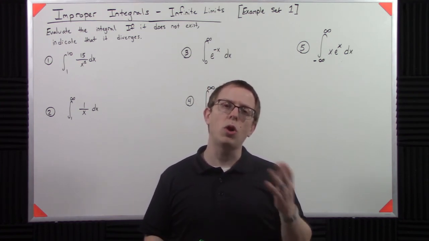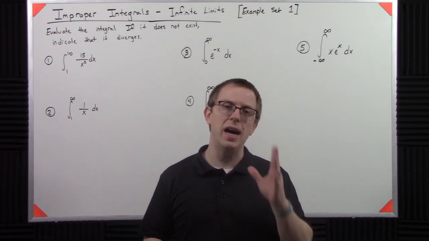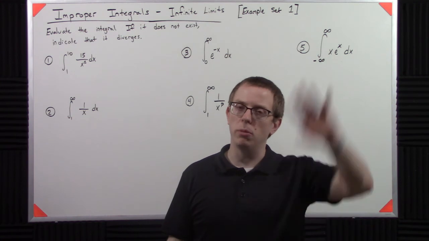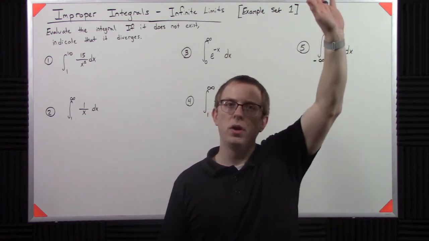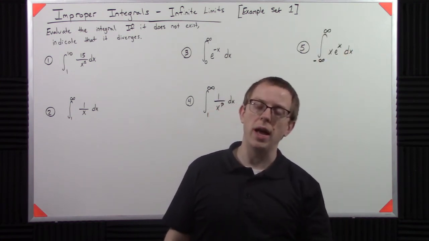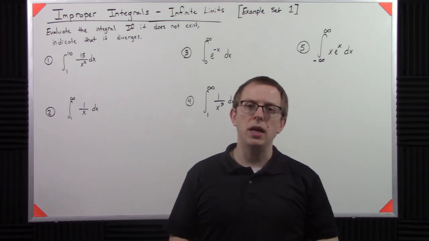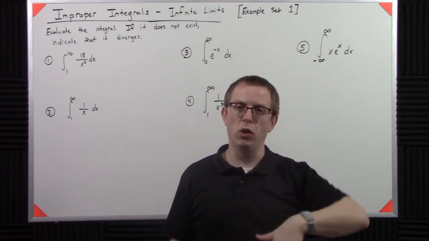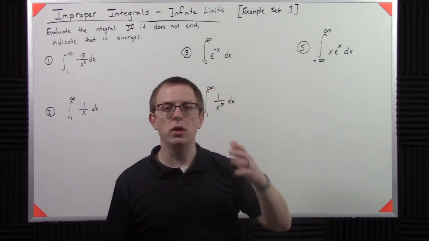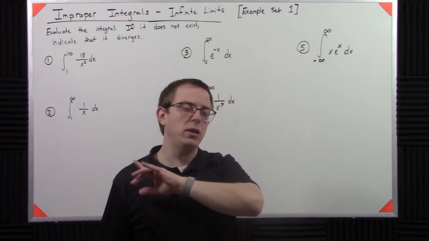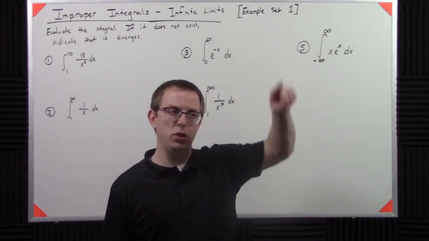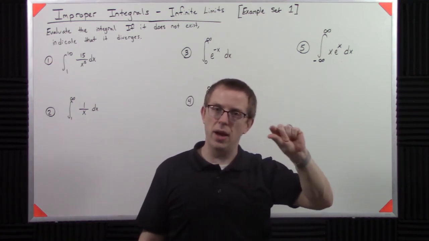If you recall, an integral or a limit is divergent under two conditions, really. One of them is that it becomes unbounded. It shoots off to positive infinity or negative infinity. The second case is that it doesn't actually converge, so maybe it oscillates. Think like a sine function. If I take the sine function all the way to infinity, it always keeps oscillating, so it never actually settles down to a point.